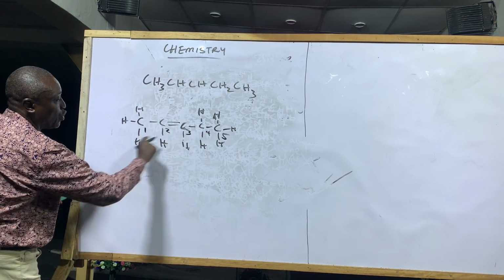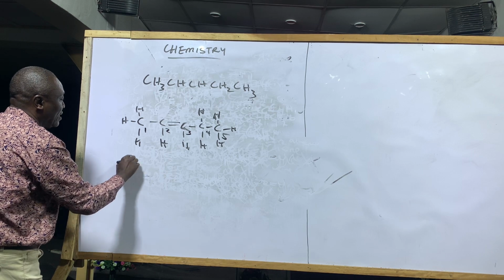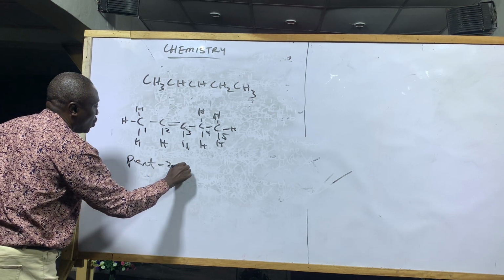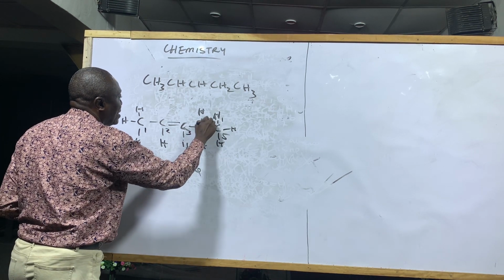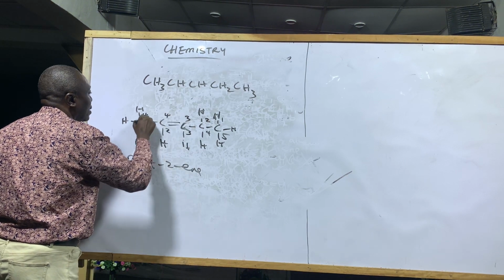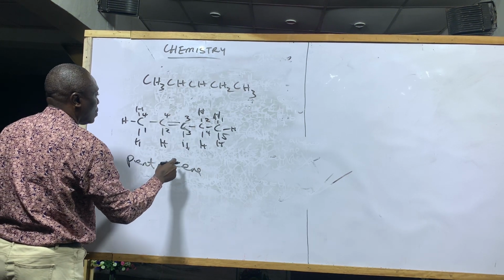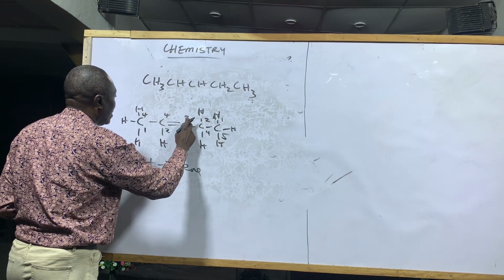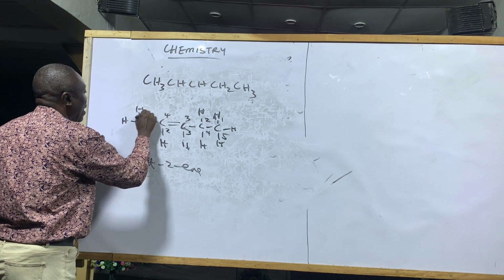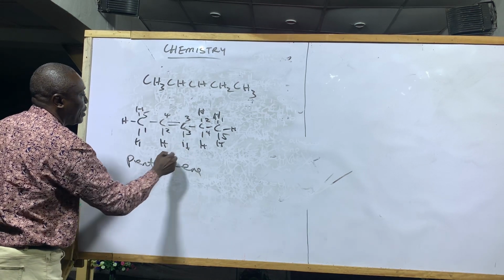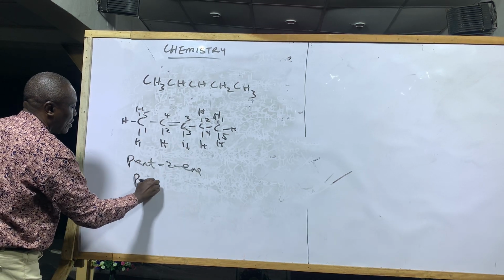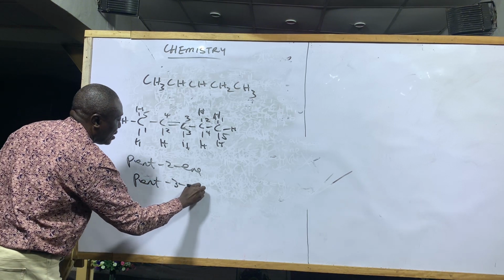If you number like this, it will be pent-2-ene. And if you number like this, 1, 2, 3, 4, 5, it will be pent-3-ene.